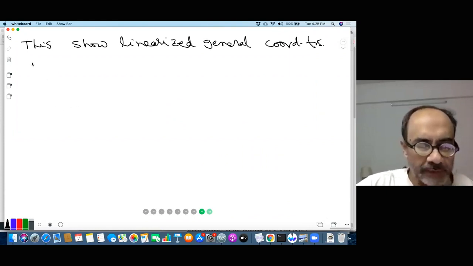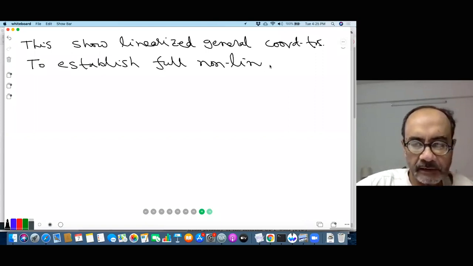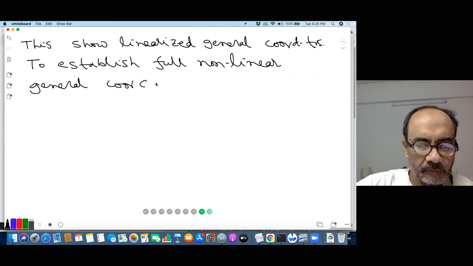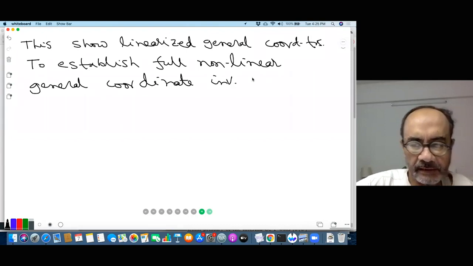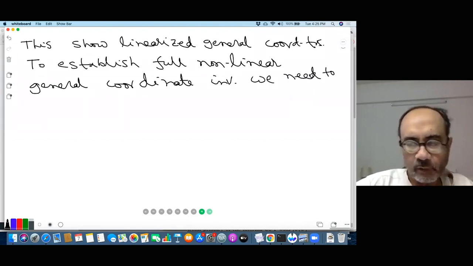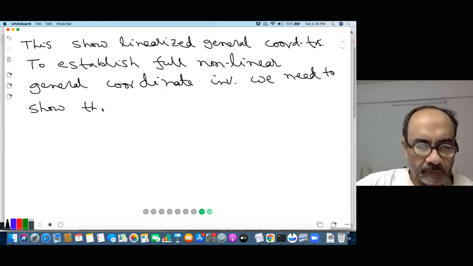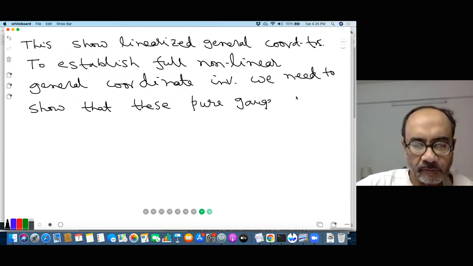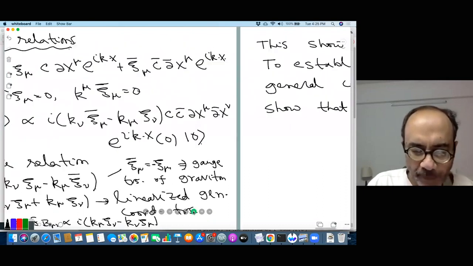Now, to establish full nonlinear invariance, we need to show that these unphysical, pure gauge states, in analogy with gauge theory, are precisely those for which zeta mu is proportional to this.